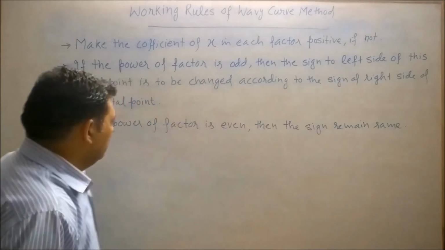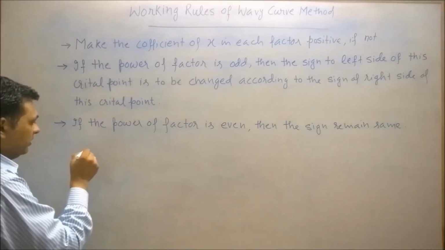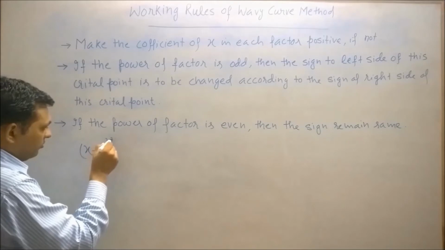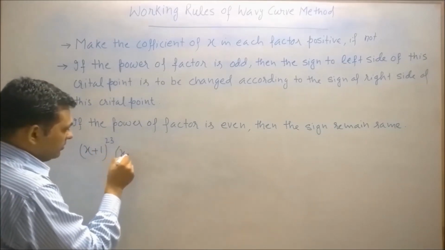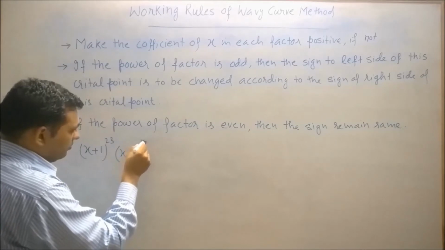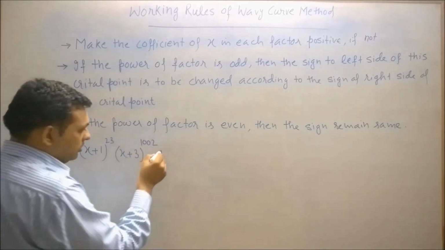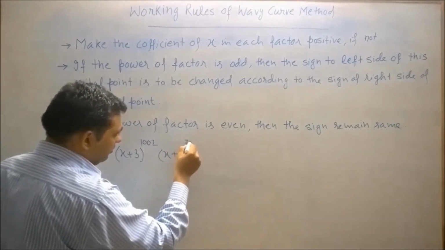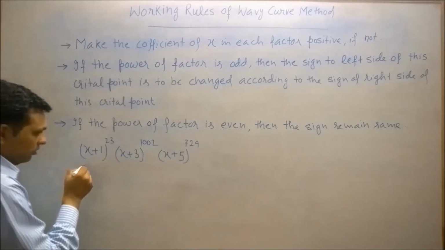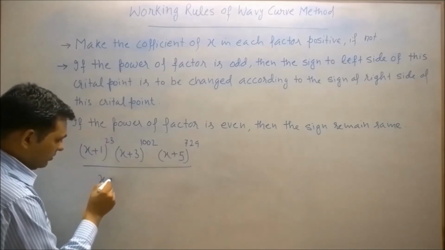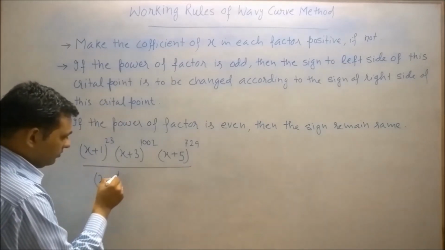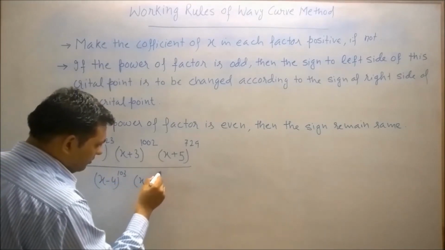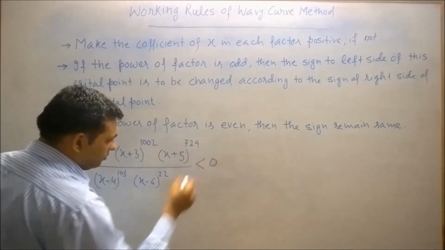Let's say (x plus 1) to the power 23, (x plus 3) to the power 1002, (x plus 5) to the power 729 upon (x minus 4) to the power 103, (x minus 6) to the power 22 is less than 0.